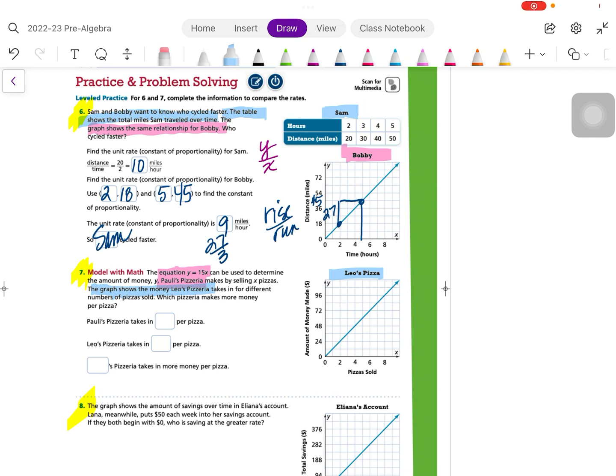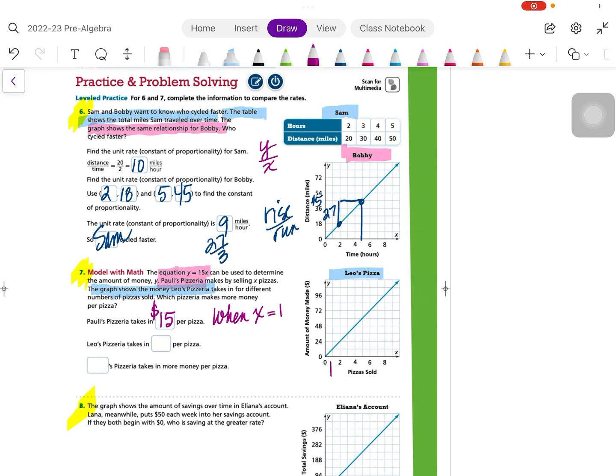Okay, so in the equation, for Polly's, remember we said the unit rate is the number that is right before the variable x, or when x equals 1. So when x equals 1, Polly's Pizzeria takes in $15 per pizza. Over here, now, in the graph above, we did rise over run.